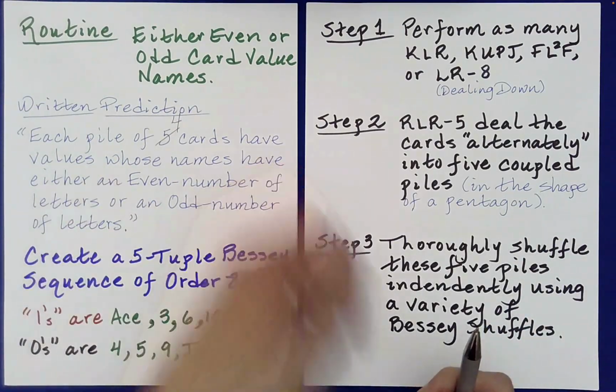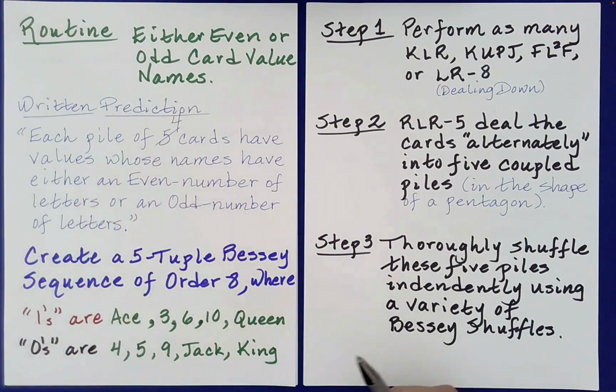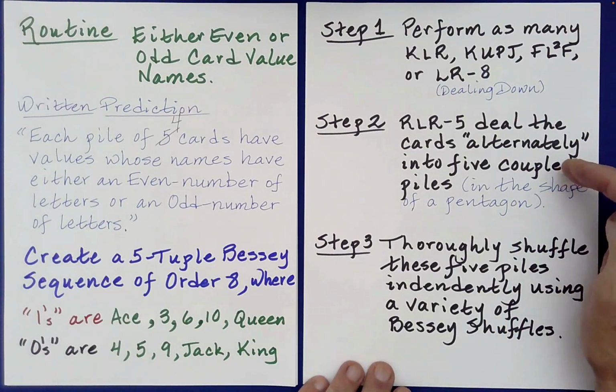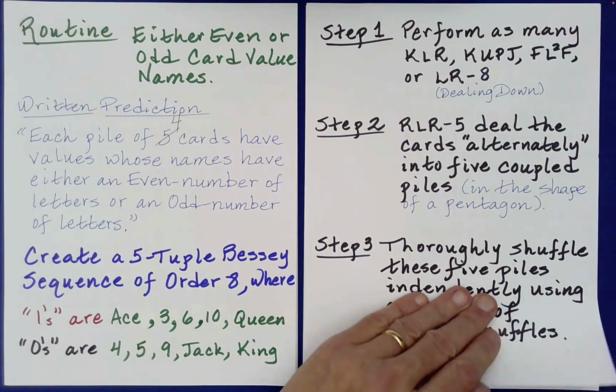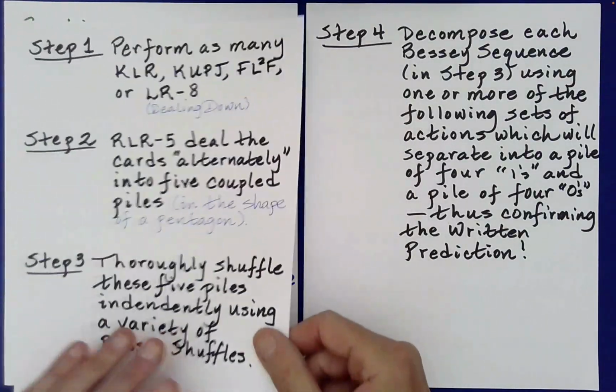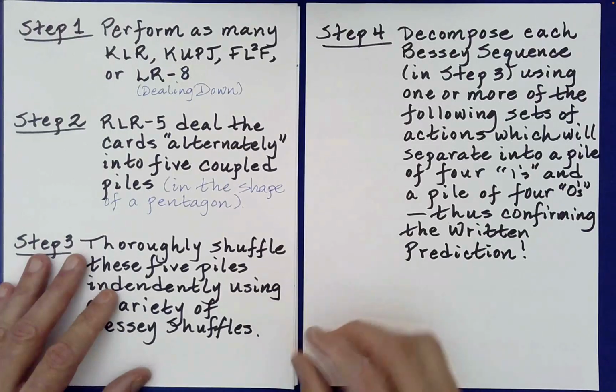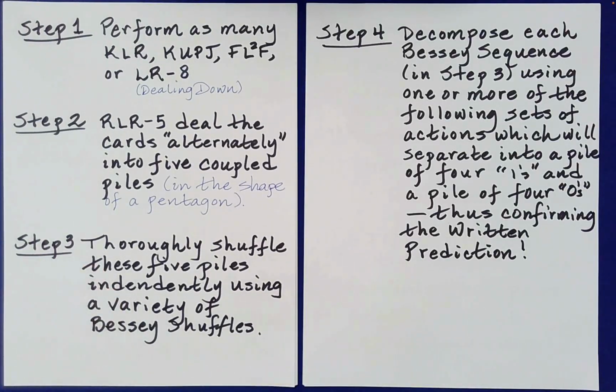Now, as you build the layers or levels, the spectator can tell you where cards go. And then from there, we have 5 piles of 8 cards. Well, each of those piles of 8 cards is a Bessey sequence of order 8. Well, what that means then is you can draw on the many, many shuffles that preserve or invert Bessey sequences of order 8.